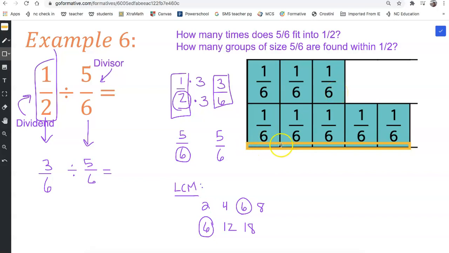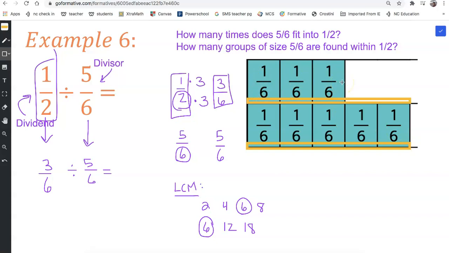So can even one group of 5/6 fit into 3/6? No. Let's make a comparison. This is the size of 5/6. So not even one group of 5/6 fits into 3/6. The answer is going to be less than 1. Less than one group will fit into 3/6.